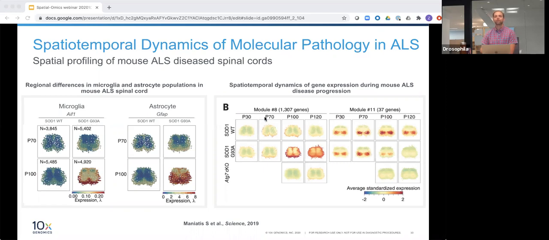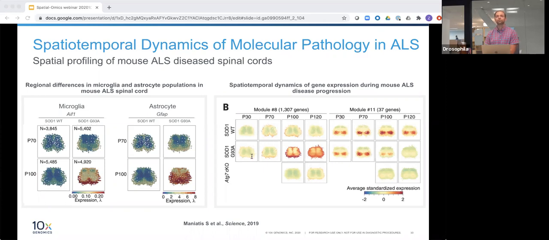Module 8 here had 1,300 genes, whereas module 11 had only 37 genes that made up that module. But what you can see here is two different things. In module 8, you can see the wild type mouse from day 30 to day 120 didn't really show much difference in gene expression patterns.